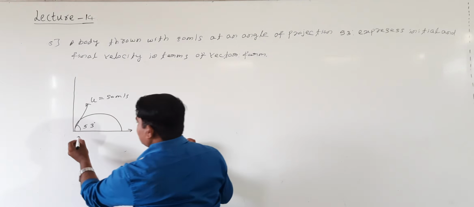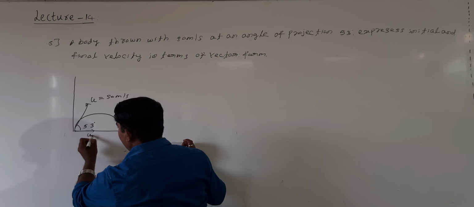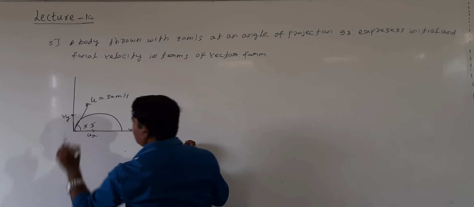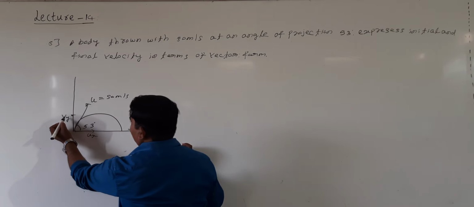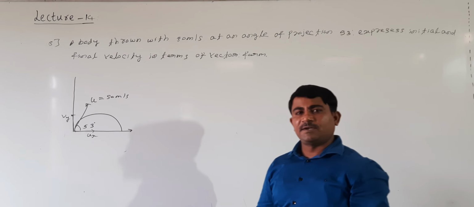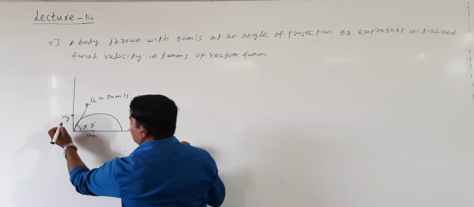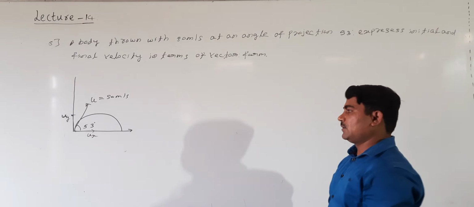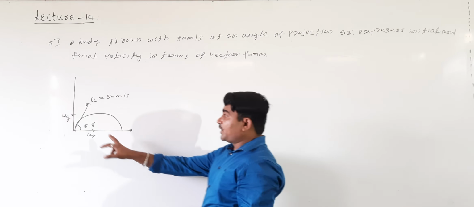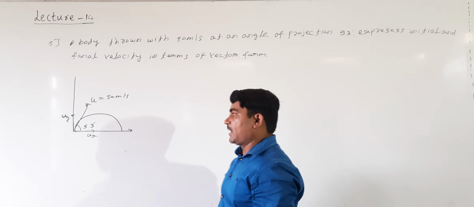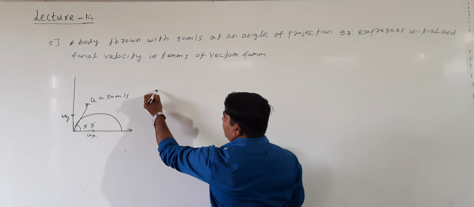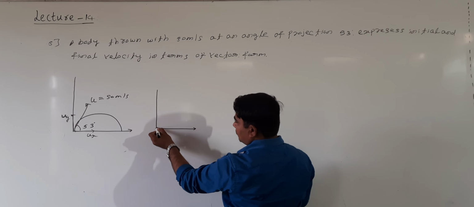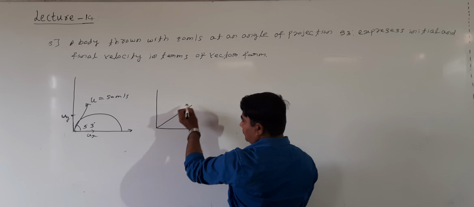Then this is the initial velocity component ux and this is the vertical component of velocity uy. Uy, initial component of the velocity. Look at me. If 53 degree is there, then how to represent by triangle? Like this may be possible. 53 degree means like this.